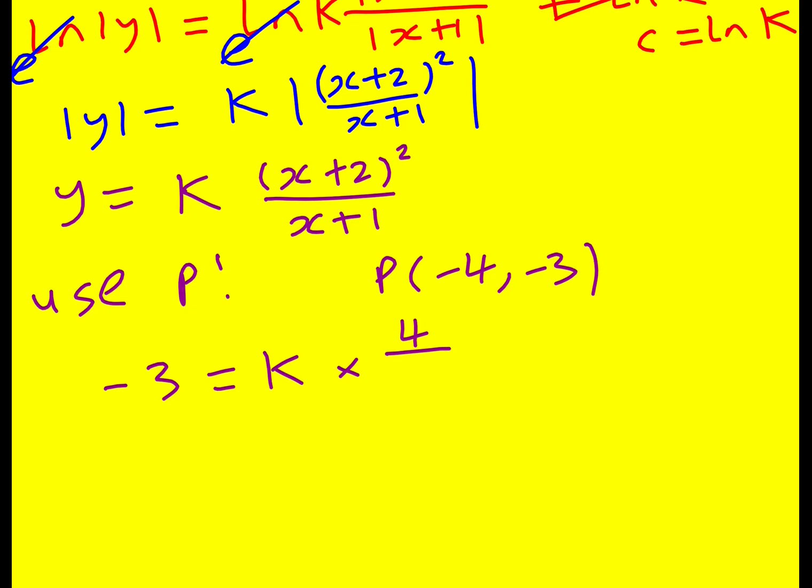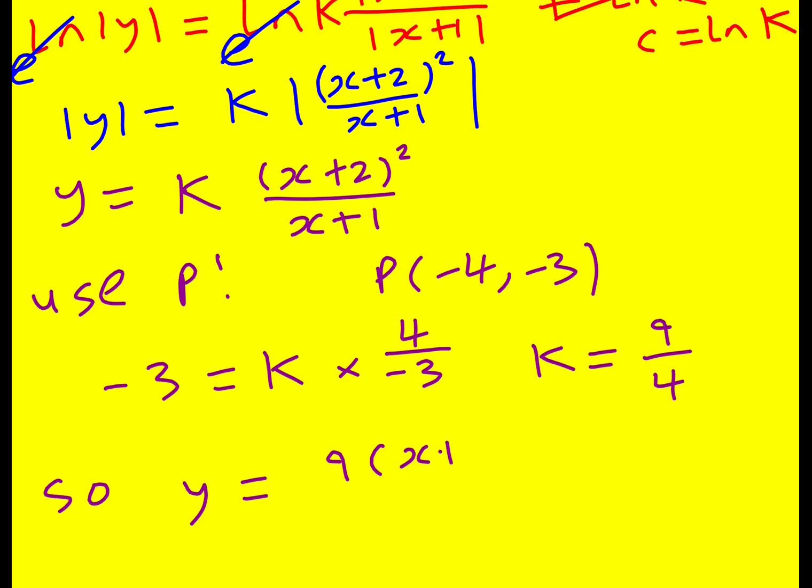And then x plus 1 is going to be -4 plus 1, that's -3. K is going to equal -3 times -3, 9 over 4. And finally, y will equal 9 times x plus 2 squared all over 4 times x plus 1.